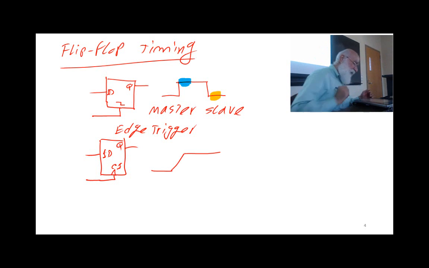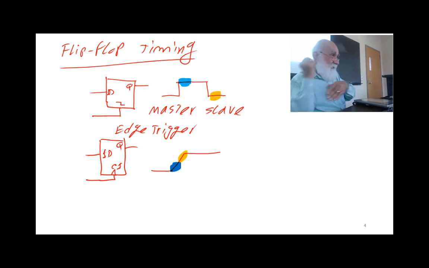If I show the flip-flop like this, timing wise, it really looks like this. This is done the last part of it, and this is done the first part of it. And therefore I claim that this is a faster flip-flop. And it is, because the edge, this rise time, is much faster than having to wait for the 1 level and then having to wait for the 0 level.